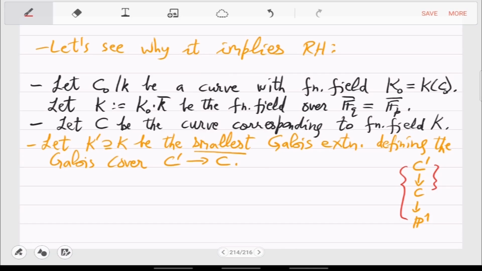So let me call the Galois group of C prime over P1 the bigger one G, and the smaller one H. So let H be the Galois group of K prime over K.